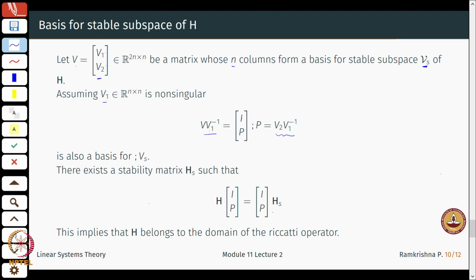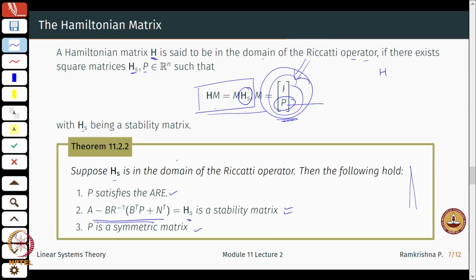I am just writing the same. There exists a stability matrix Hs such that H times [I; P] is [I; P] times Hs. Now, this also implies that H belongs to the domain of the Riccati operator. That was from the definition. H is said to be in the domain of the Riccati operator if there exist square matrices such that this holds.